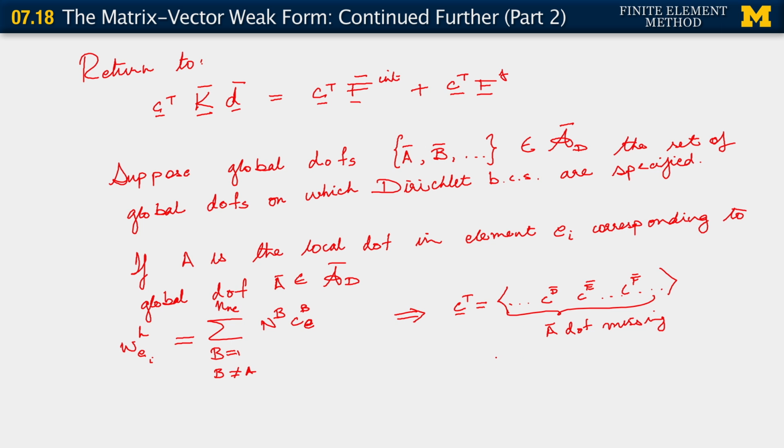So now if the measure of set A bar D, which in this case is just the number of degrees of freedom belonging to this set, is equal to N D, we can say something about the size of C transpose.